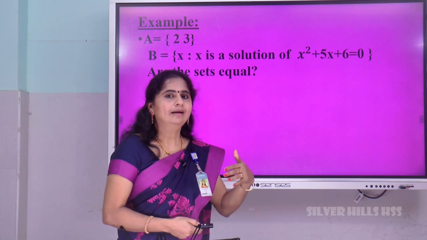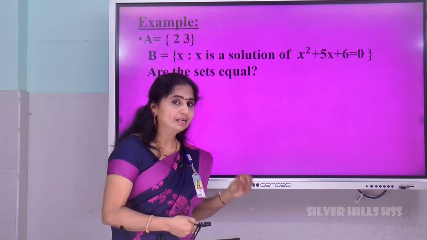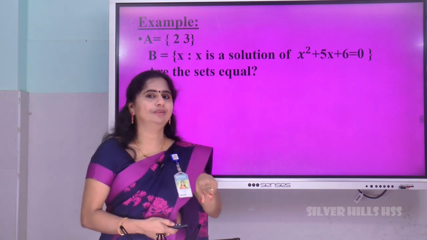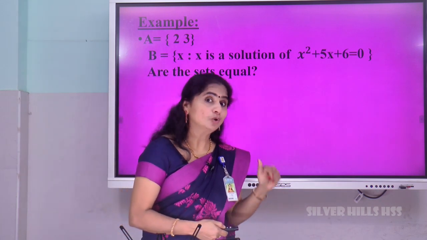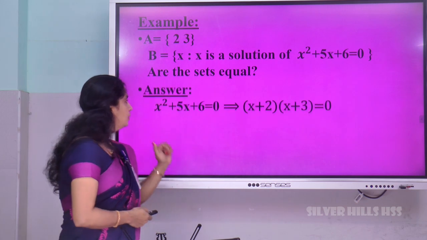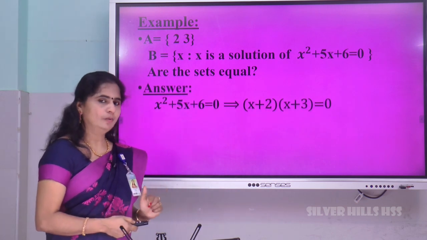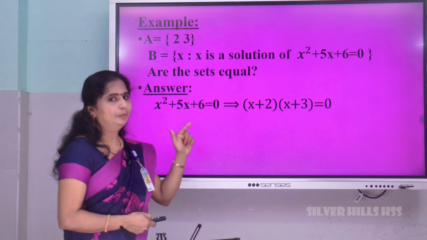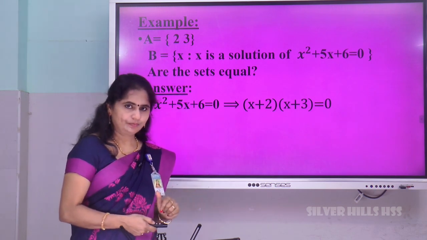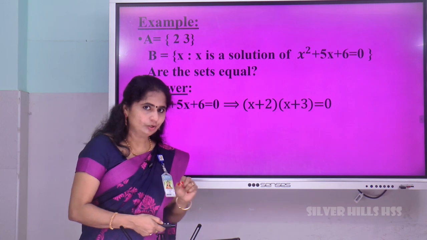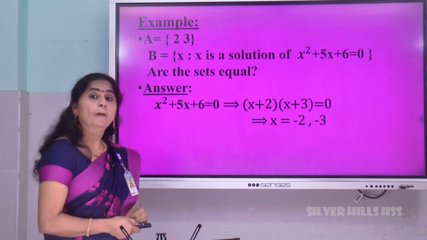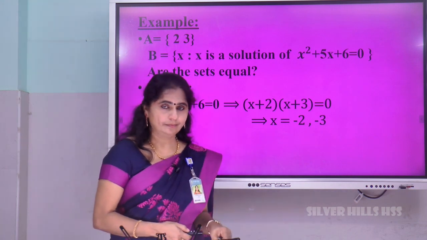So you may tend to write it as 2, 3, but here the question is x is the solution of the equation. So first let's solve the equation. x squared plus 5x plus 6 equal to 0 is (x plus 2)(x plus 3) equal to 0. Since you are asked to find the solution, you are supposed to find the value of x. So what is x? Minus 2, minus 3.